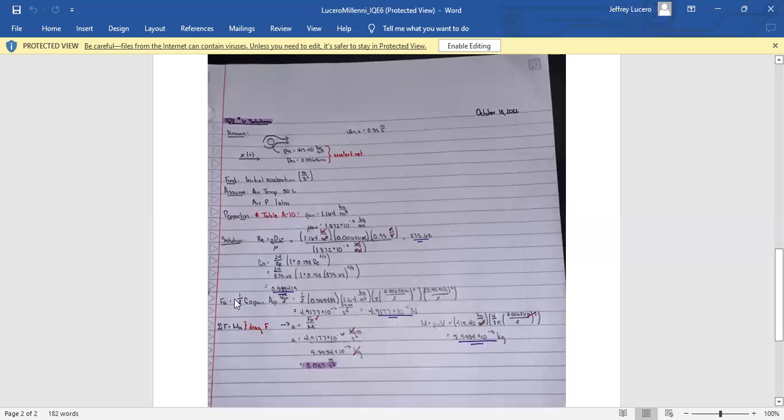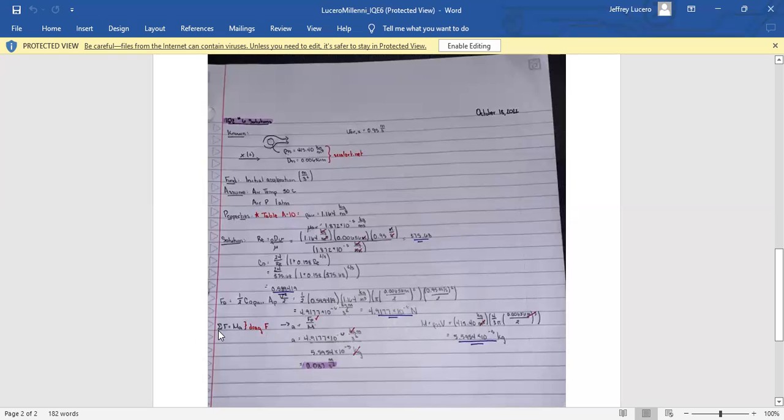For the drag force, it's 1/2 CD times the density of air times the projected area times velocity squared, which equals 4.9177 times 10 to the negative 6 kilograms meters per second squared, which equals 4.9177 times 10 to the negative 6 newtons with the units.